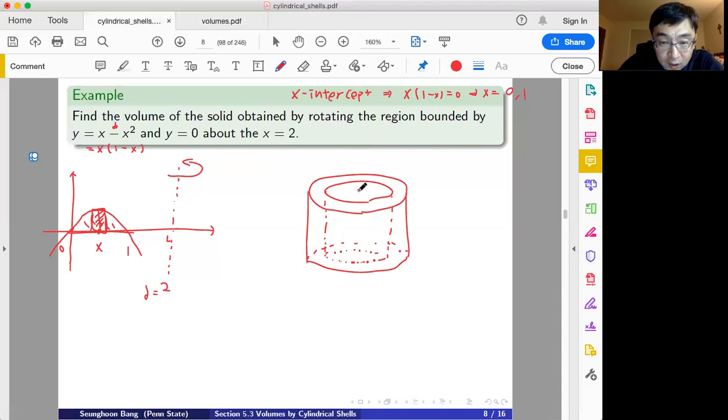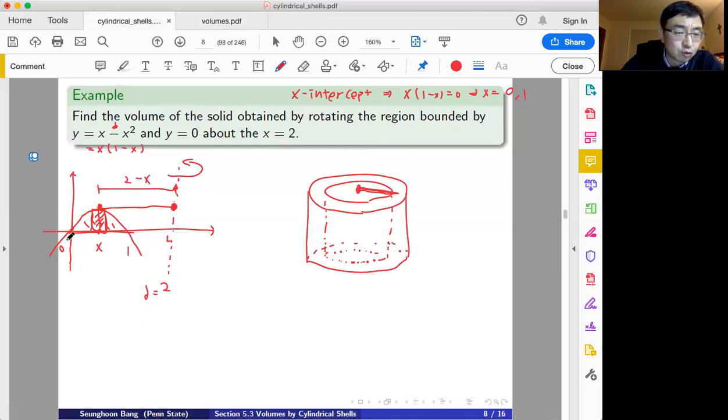So you need to find the average radius. What is the average radius? Here, the center of the circle is on the rotating axis. This is this point here. Connect to this point. This length is the radius. Exactly 2 minus x.